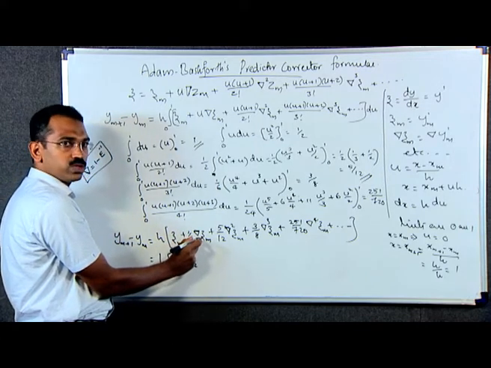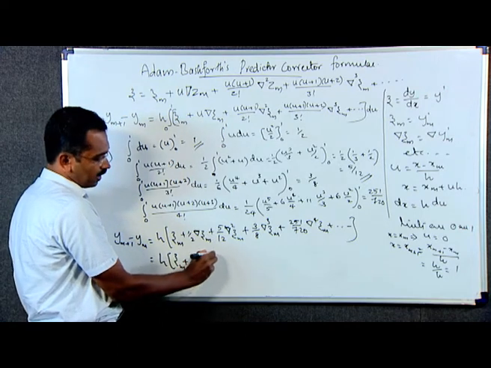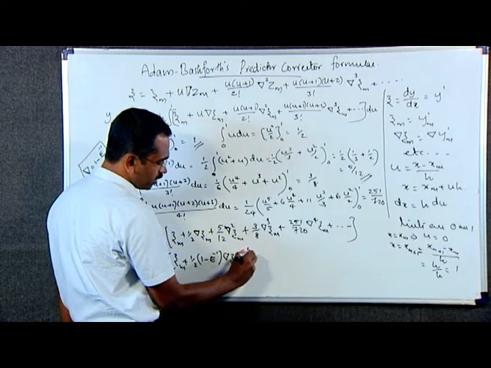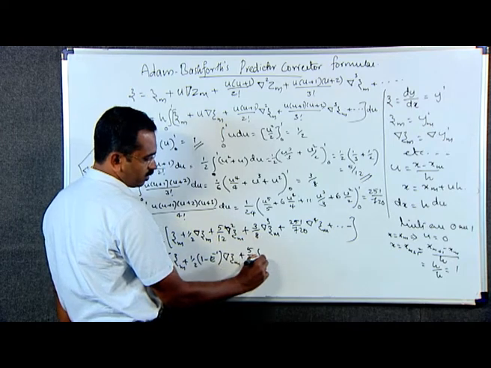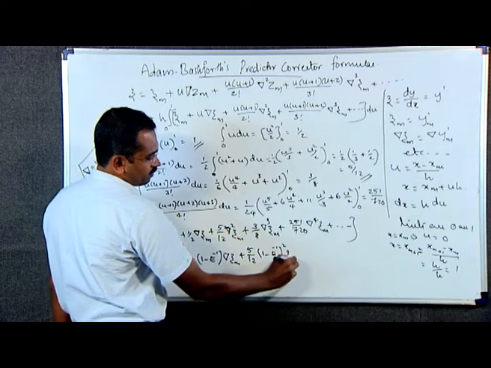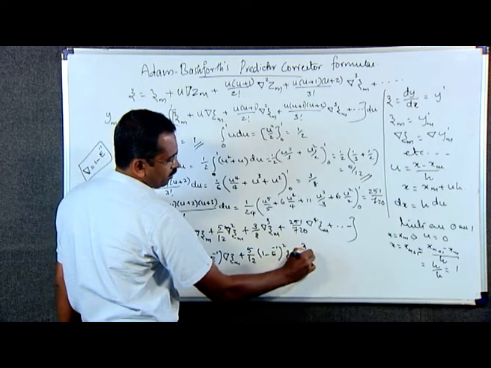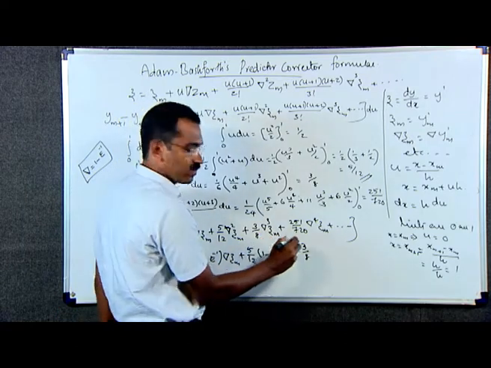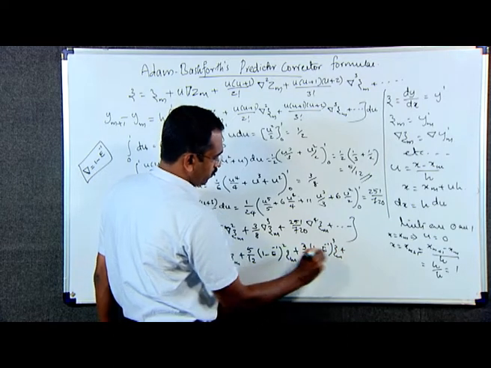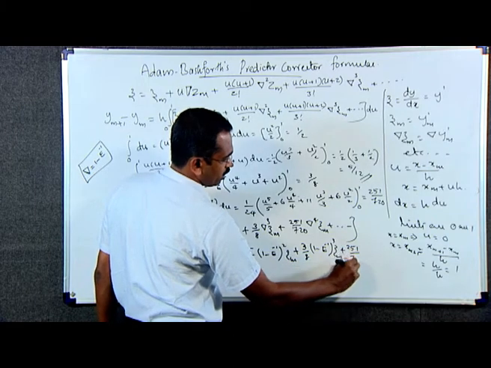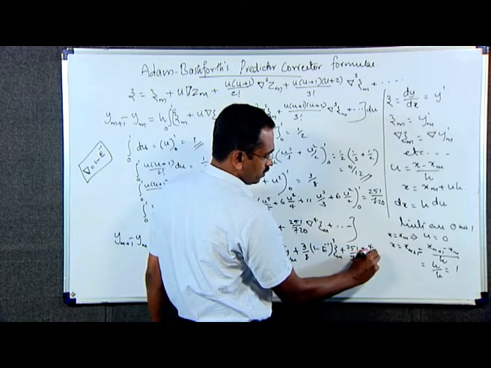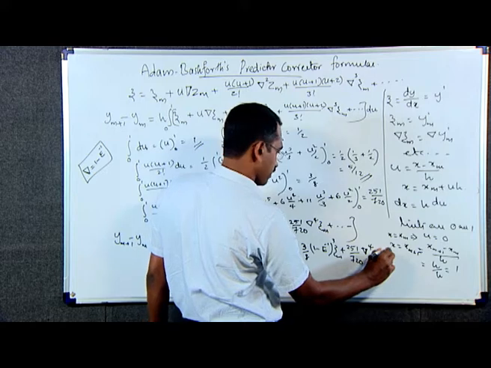Therefore, we can write 1/2 into (1 minus E inverse) Z_m, plus 5/12 into (1 minus E inverse) whole square Z_m, plus the next term is 3/8 into (1 minus E inverse) whole cube Z_m, plus the next term is 251 divided by 720 into del raised to 4 Z_m plus etc.